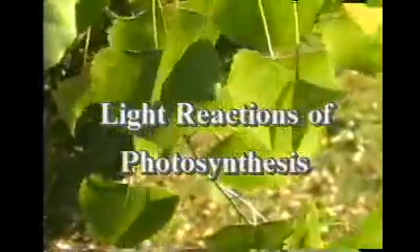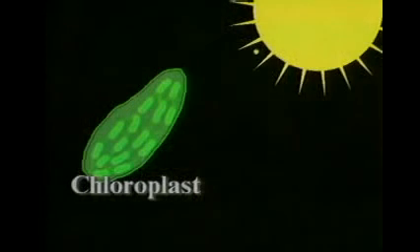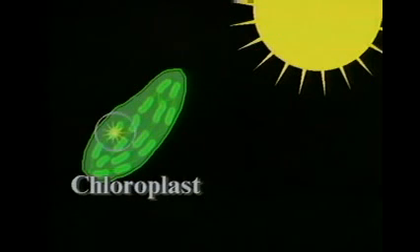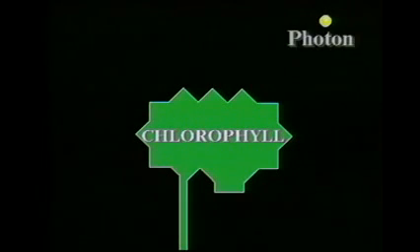The first part of photosynthesis, called the light reactions of photosynthesis, begins inside a single cell of a leaf. A tiny packet of the sun's light energy, called a photon, passes into the grana of the chloroplast, where it collides with a chlorophyll molecule. An electron in the chlorophyll molecule absorbs the photon's energy.